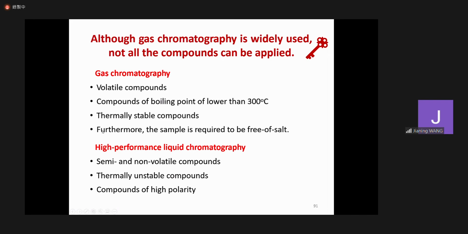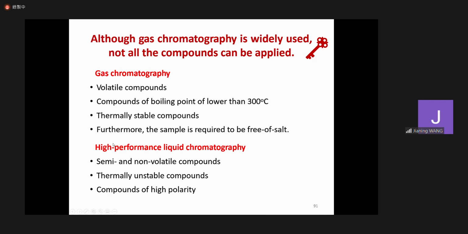These are the key points for selecting your separation strategy. When you have a sample, which kind of separation is best, GC or LC?